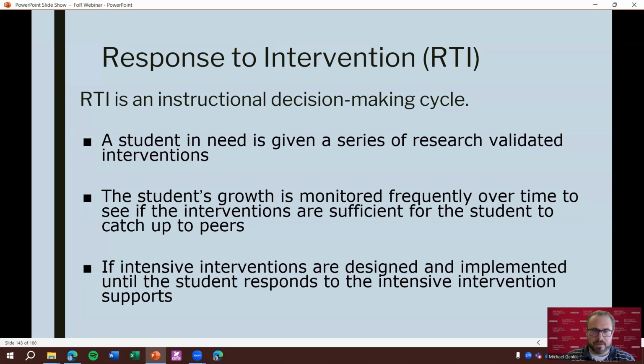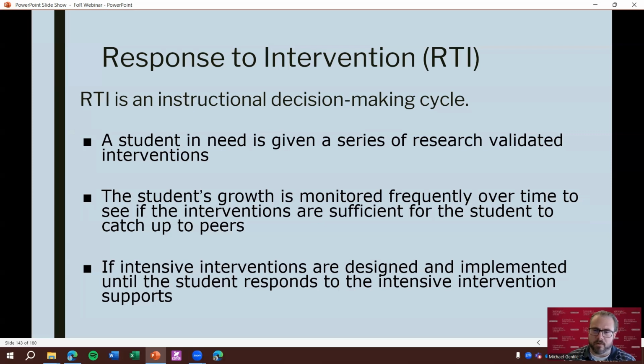So what do you need to do in RTI? When you're doing the interventions with the student at either tier 1, tier 2 or tier 3, you're implementing research validated practices. And when you have students in tier 2 or tier 3, you're going to be doing more frequent progress monitoring.